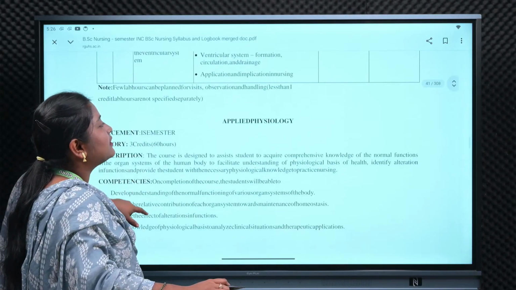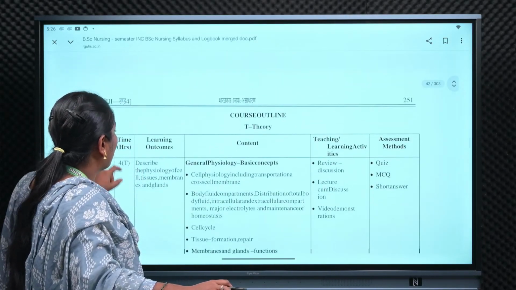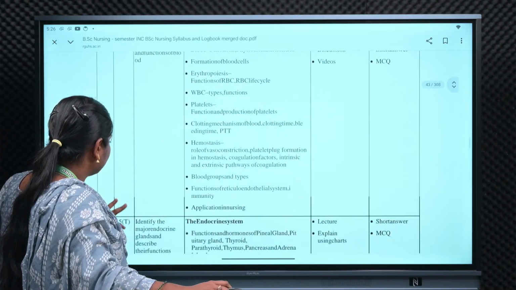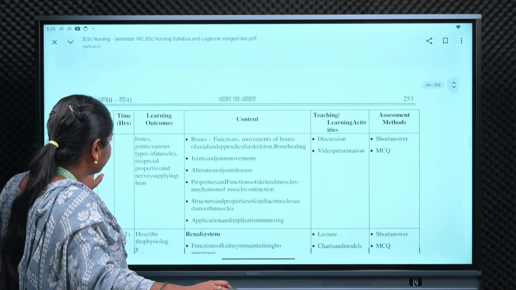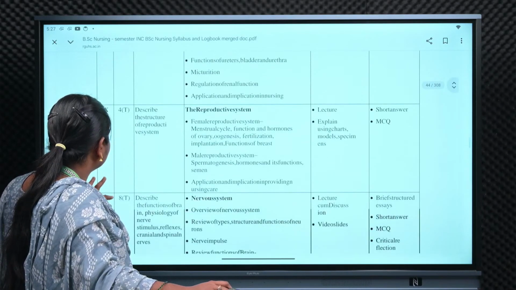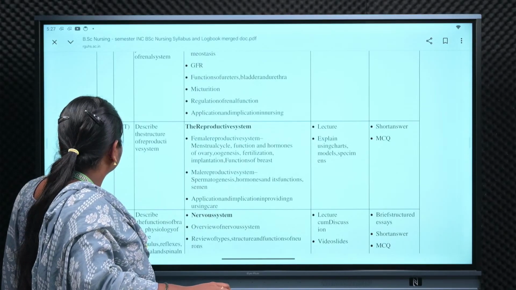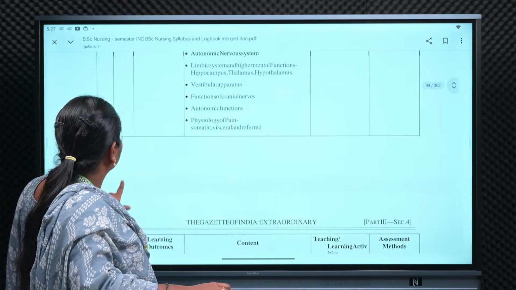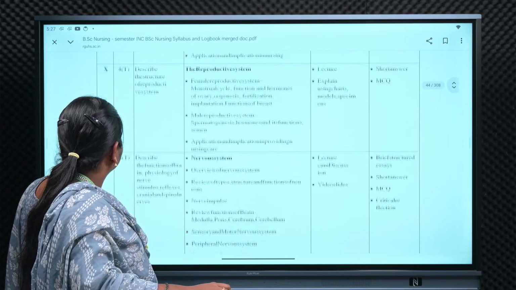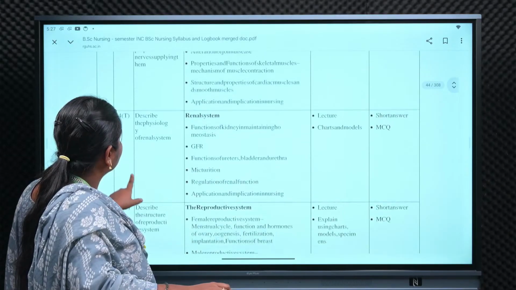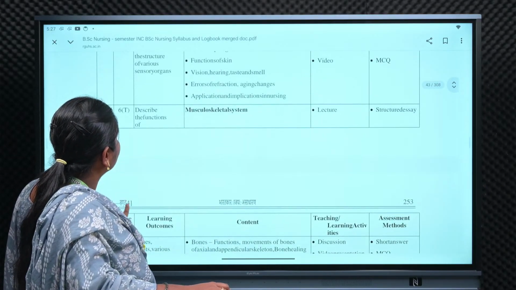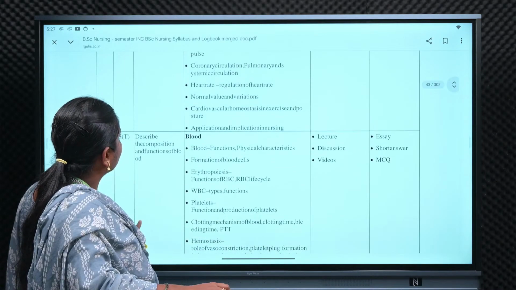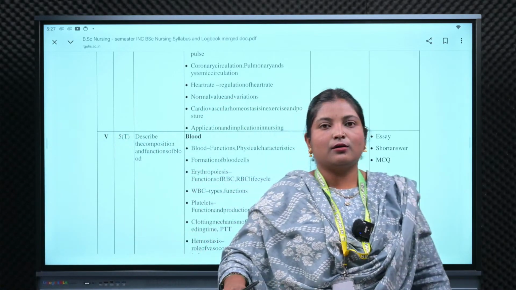I am not going to discuss the physiology deeply, but I will tell you how much of it is there as a syllabus. So here only one change will be there.